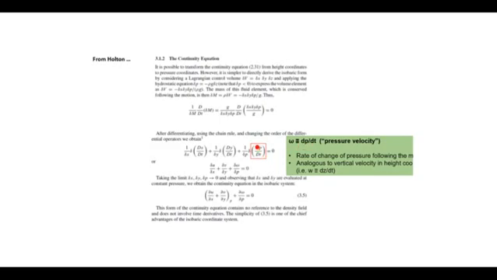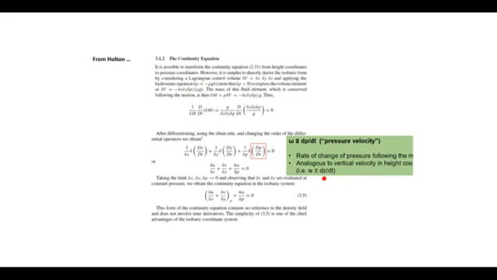Note that the capital D and the small d that I use here are interchangeable, just different symbols for the total derivative. We got a little cutoff here; it should say rate of change in pressure following the motion. This is analogous to vertical velocity in height coordinates, where the vertical velocity is defined as dz dt, or the change in height over time following the motion.